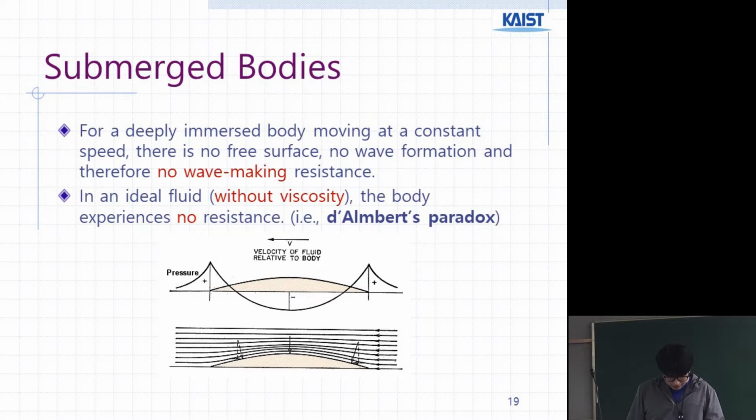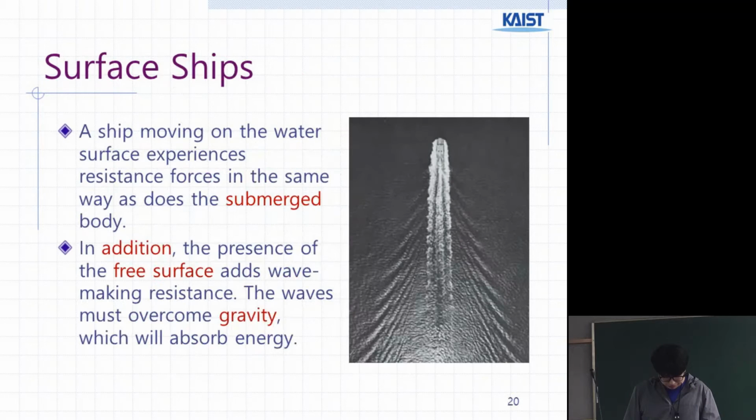And the next topic is surface ships. Surface ships experience resistance too, so they have the same viscous resistance as the submerged body. In addition, with the presence of the free surface there is wave making resistance; the wave must overcome gravity also, which will absorb energy.